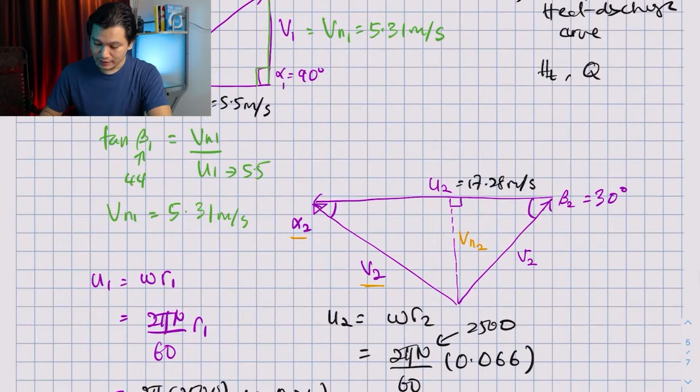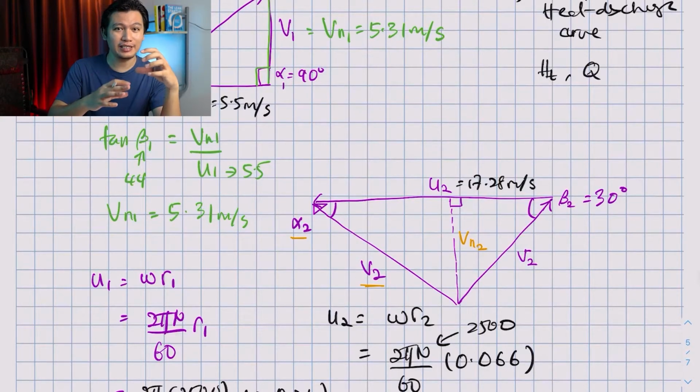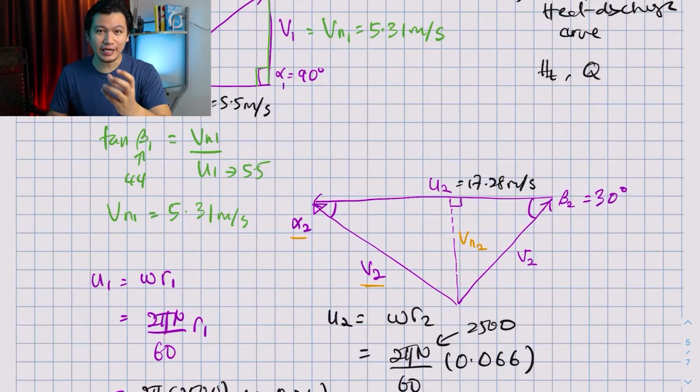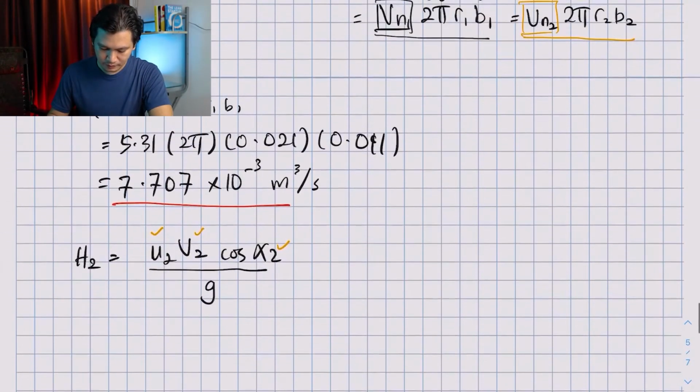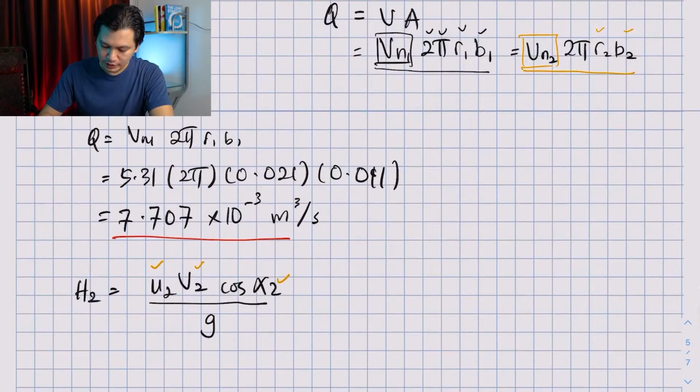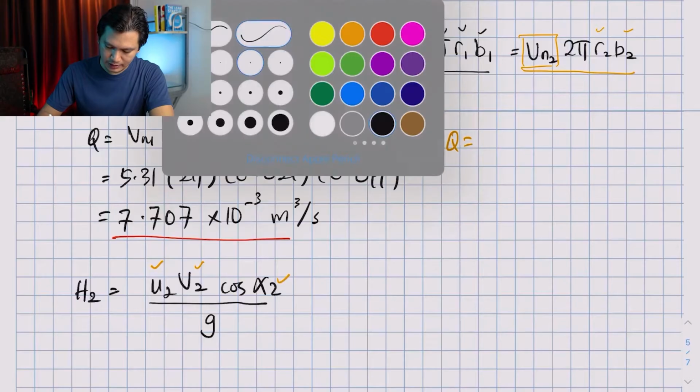Because we already know the flow rate, of course the flow rate at inlet will be similar to the flow rate at exit. Now we can find Vn2. We are trying to complete the puzzle for the second velocity triangle. Now Vn2, using this equation, so Q is, let me use black.